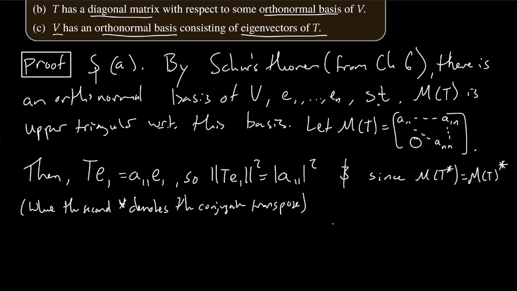What we get is that T star e1 is equal to, now flipping it, a11 bar e1 plus dot dot dot all the way down through a1n bar en. Oh, so you transposed it, you conjugated it, and now we have a way to write it. Okay, easy enough.